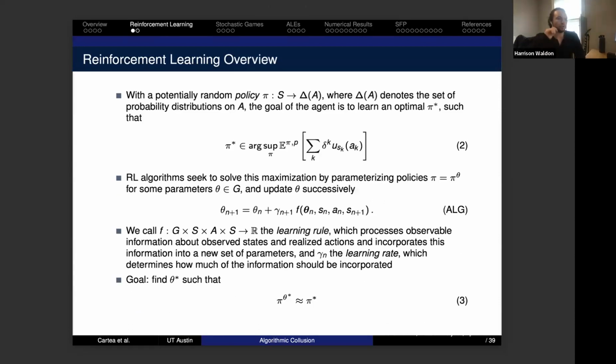Okay, so agents will choose actions according to a policy function, which may be random. Policies are denoted pi, and they are functions from the set of states to the set of probability distributions over actions. The goal of the agent is to learn an optimal policy pi star, such that pi star maximizes expected discounted payoff.